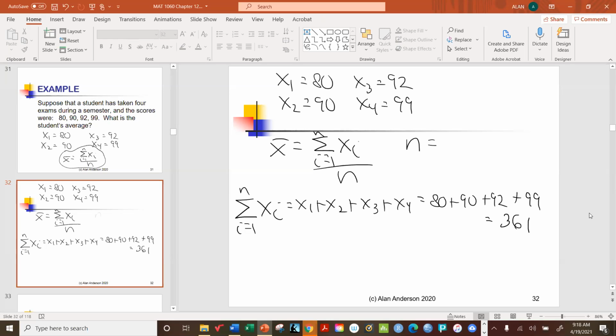Also, n equals 4 in this case because there's 4 elements in the sample. So therefore, x bar must equal 361 over 4, which equals 90.25.